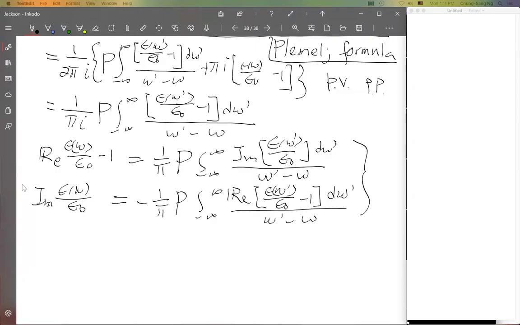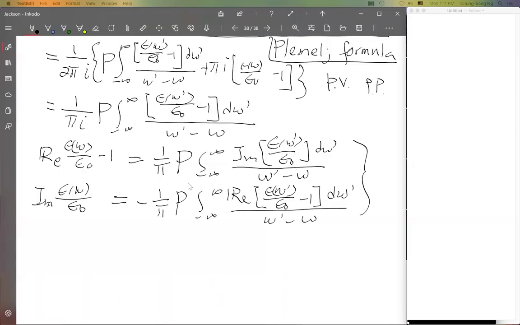But the consequence is quite non-trivial, because what it's saying is that for a dielectric constant that depends on frequency, you look at the first equation, because we know that the imaginary part of epsilon corresponds to absorption of the medium.